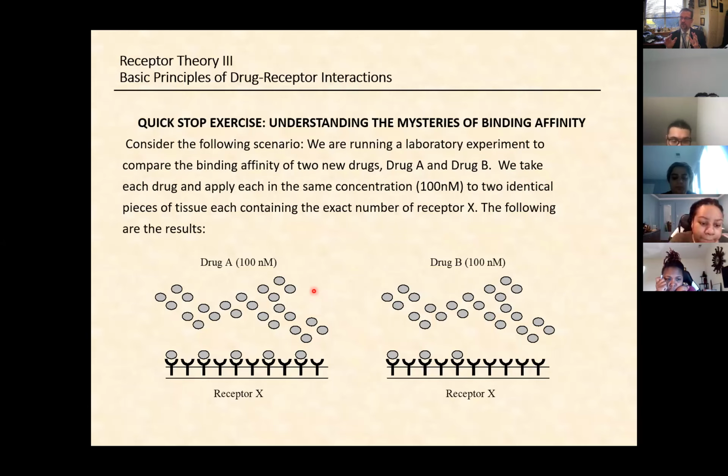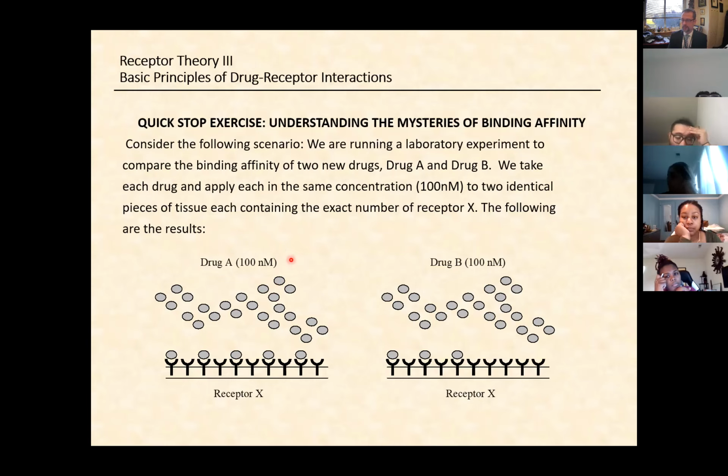So if we go over here to this example, do we have a fixed receptor population here, meaning that the number is not changing? Yes. We have 10 receptors. How many receptors are bound up with ligand in this example? 5. So 1/2 of the receptors are bound up with our ligand when we add drug A at a concentration of 100 nanomolar.